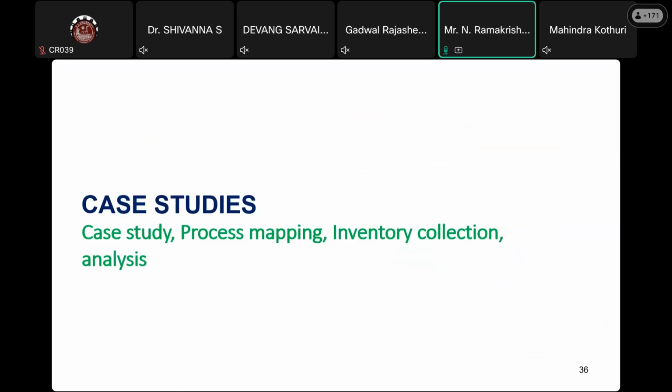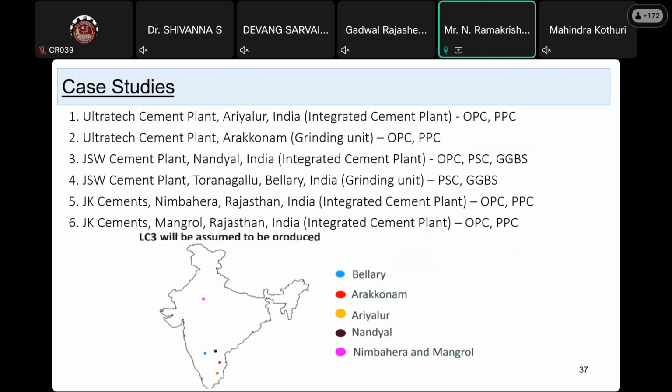Six cement factories were selected for the case studies: 2 Ultratech cement plants, 2 JSW cement plants, and 2 JK Cement plants. They have assumed that LC3 is produced there. First is an integrated cement plant, meaning clinker production as well as grinding take place together.